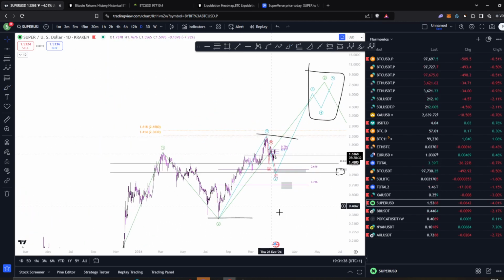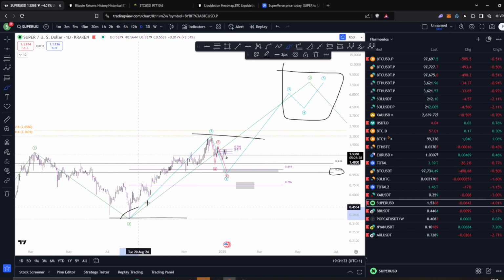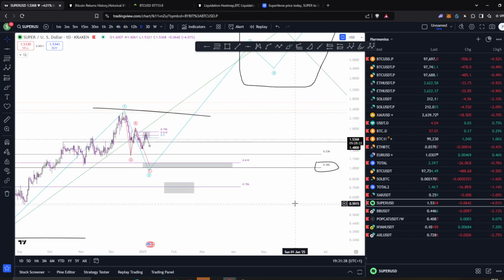Meanwhile, you do have 5 waves within a wave 3, and you are likely in a wave 1 to correction wave right now. So that's why I'm looking into this higher time frame 3-2 fib and the 618. So that's my confidence zone.